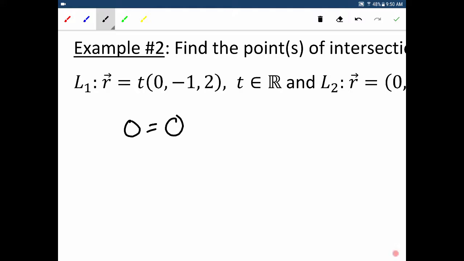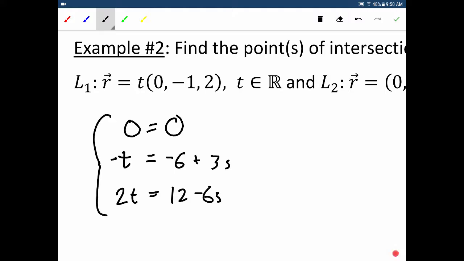Okay, so that was our x, which you'll notice that's true. 0 does equal 0. So the second one will have negative t is equal to -6 plus 3s. And we will get 2t is equal to 12 minus 6s. So this is our system of equations.